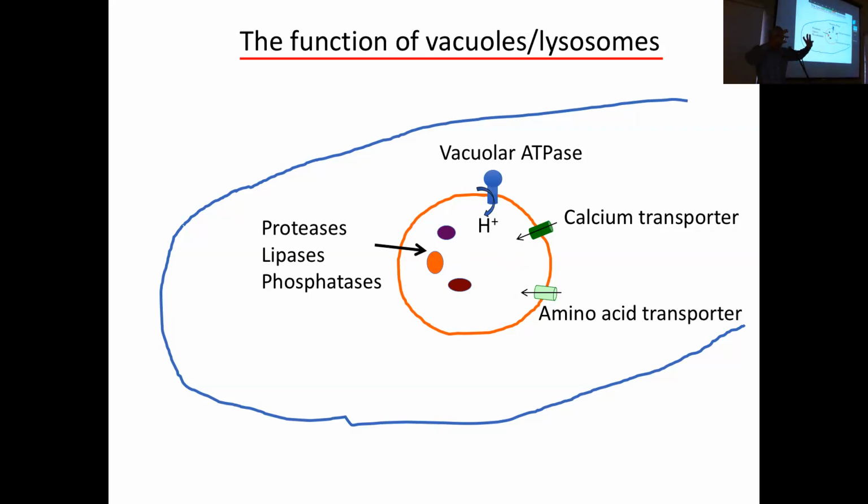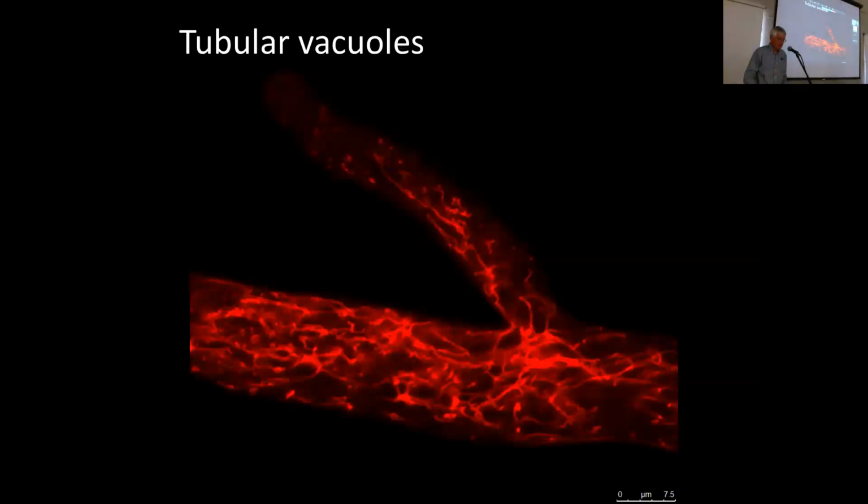But up at the tip, where it's really actively growing, this same compartment takes a completely different shape, these long, thin tubules. So they look like this. This is actually a vacuolar compartment, all these tubules. And how do we know it's vacuolar? Because we find that the proteins that are in this sort of spaghetti network here are the same proteins that are back in that big round vacuole.